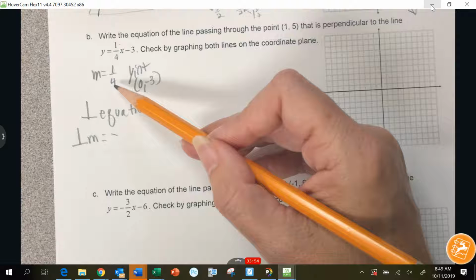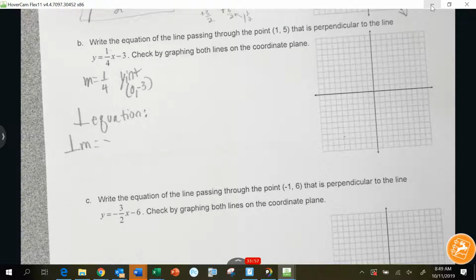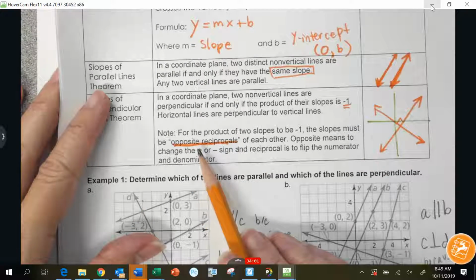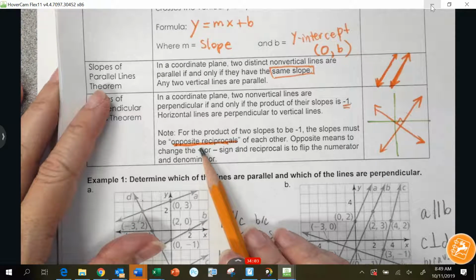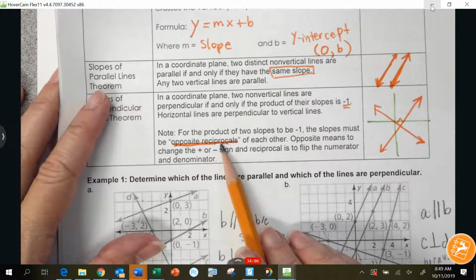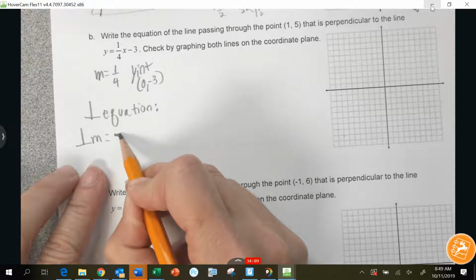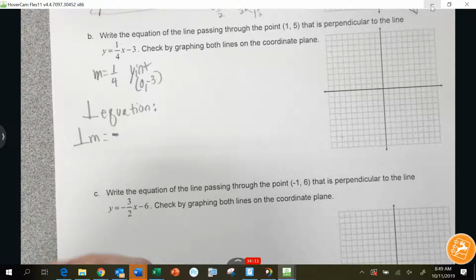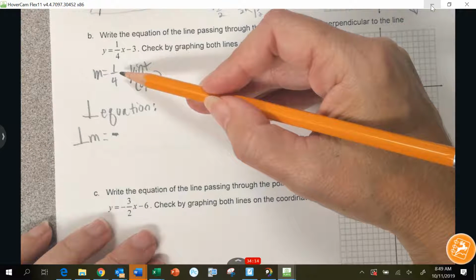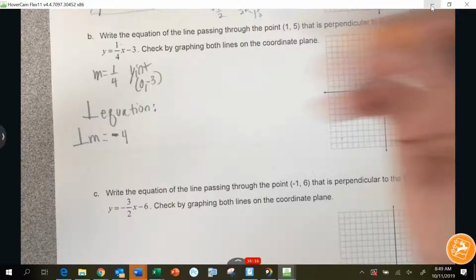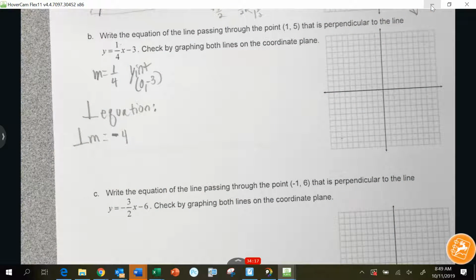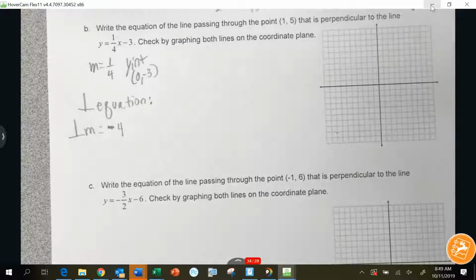On the front page, we underlined it right here. And it says opposite. So what do I still need to do? I already did the opposite part. Is there 4? So I'm just going to write 4. You can write 4/1, but I'm going to write 4. So we're going to use our new slope of -4.